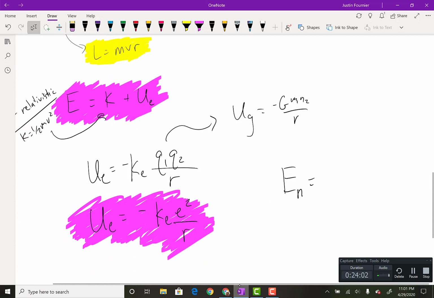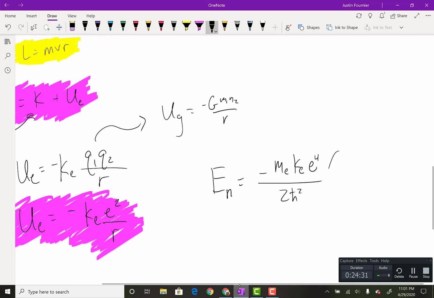The total energy is equal to negative mass of an electron multiplied by Coulomb's constant multiplied by the elementary charge to the fourth power, divided by 2 h bar squared. And then also multiply by 1 over n squared. And there you go. So get to this.